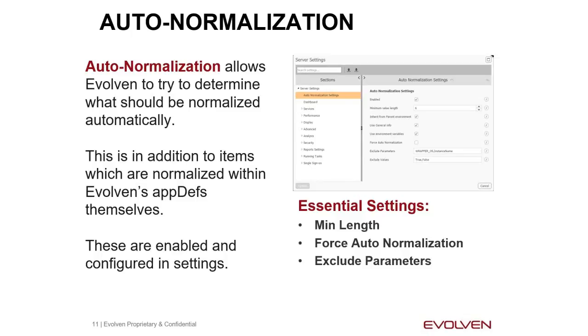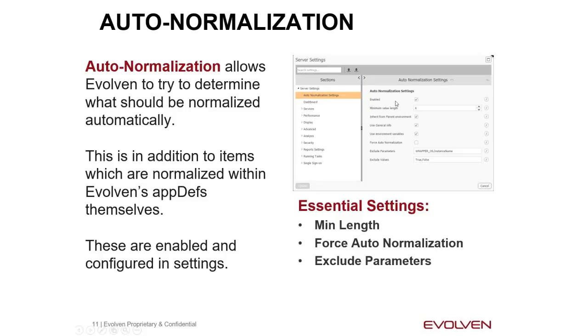And I'll say that by default, you should simply use the default settings. In other words, this is not something that I typically will recommend that clients change unless they really know what they're doing. So I guess I'll leave it at the point of just being aware that within the server settings, that is where you click your username and you go to the server settings if you're an appropriately permissioned administrator. You'll see that there are auto-normalization settings underneath the server settings.